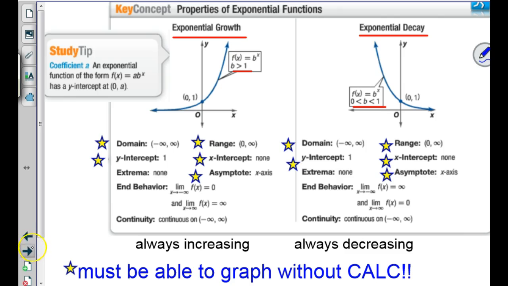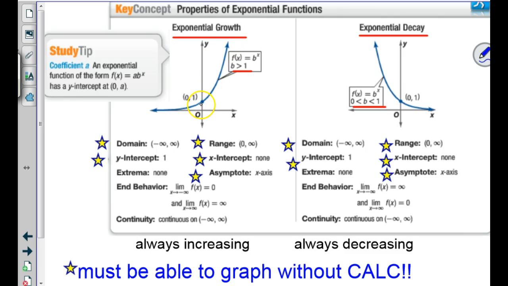So for the graphs, you're going to need to know domain, y-intercept, all the things that are starred are the things you need to know. The asymptote, the x-intercept, and the range, okay? An exponential growth function, as long as a isn't negative, will look like this.